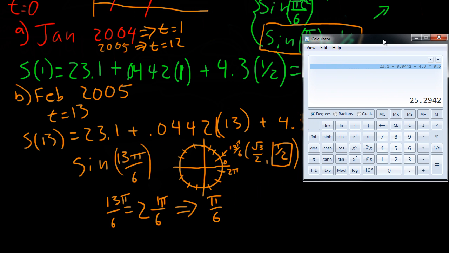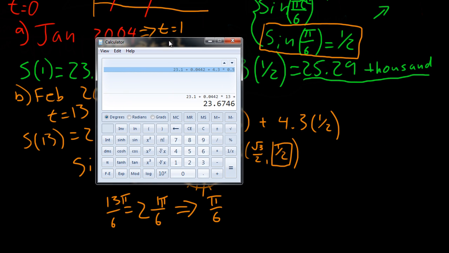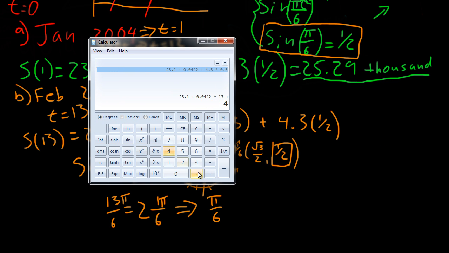We're going to have 23.1 plus 0.0442 times 13 plus, on this other side over here, 4.3 times 0.5.